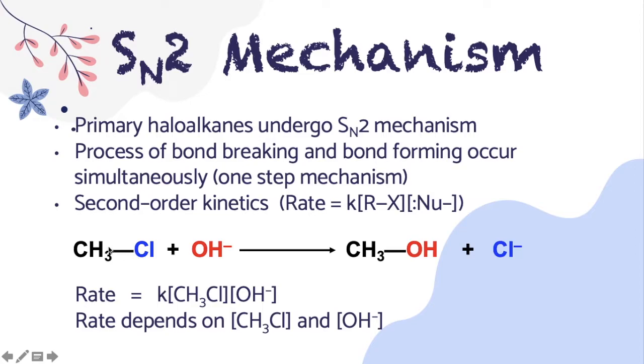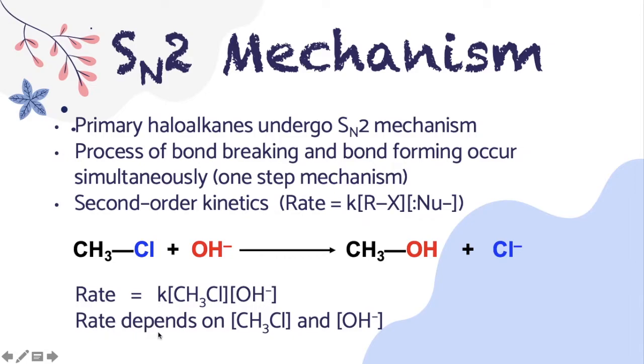For example, CH3Cl reacts with OH- as the nucleophile. This is the haloalkane, and the product is alcohol and Cl- as the leaving group. So the rate equals k times the concentration of haloalkane times the concentration of nucleophile OH-.